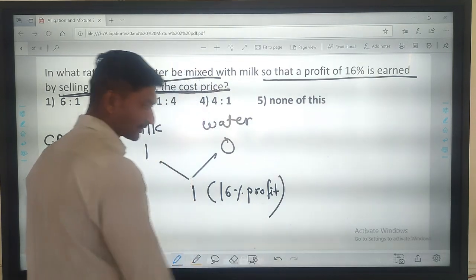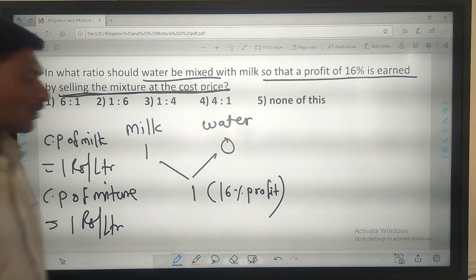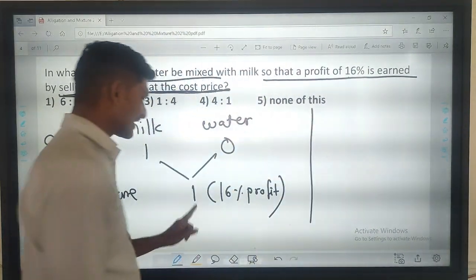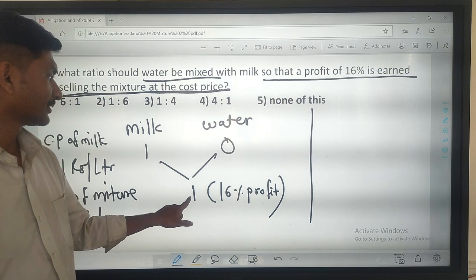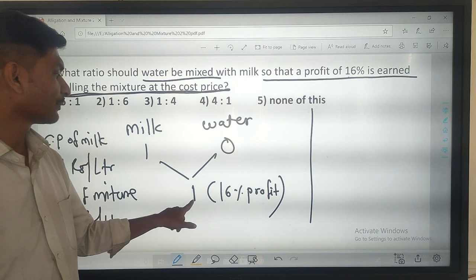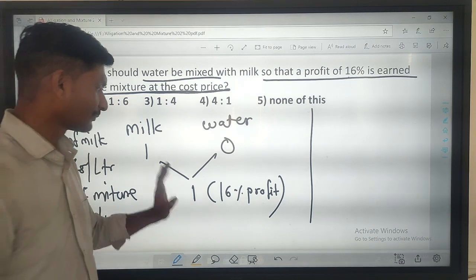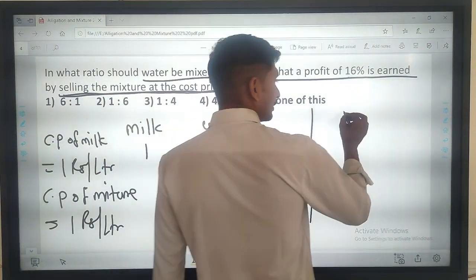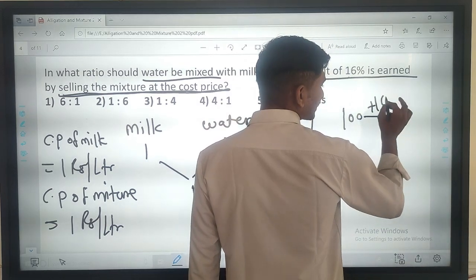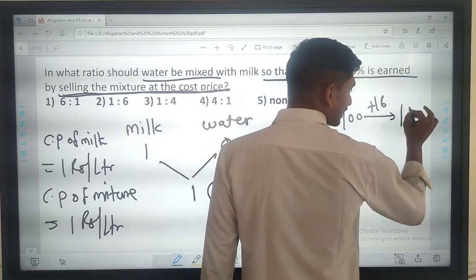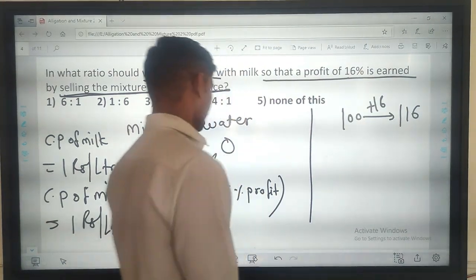Now we find the cost price of 1 liter of mixture. If the profit is 16%, then 100 becomes 116.